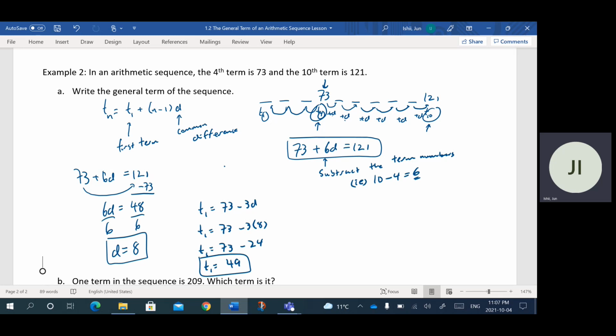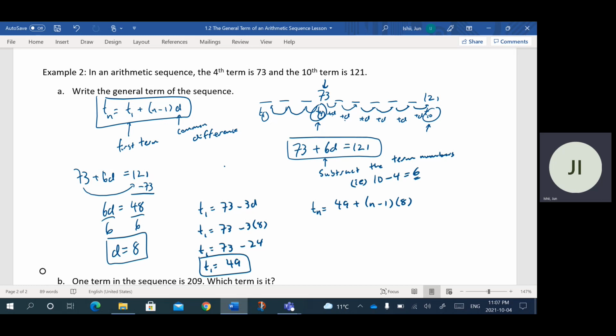So now I got the first term and I got the common difference. I should be able to now just plug it in and simplify it to get the formula for the general term. So Tn is equal to T1, in this case the first term, 49. To that, I'm going to add bracket n minus 1 times the common difference, which was 8.